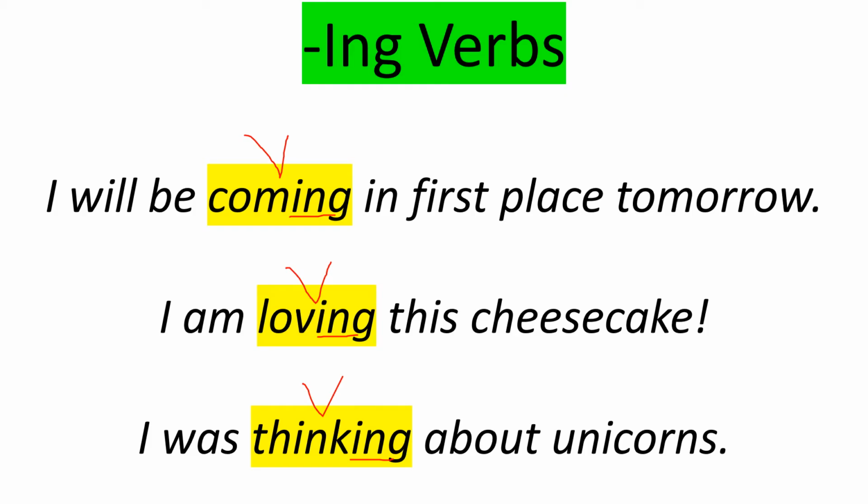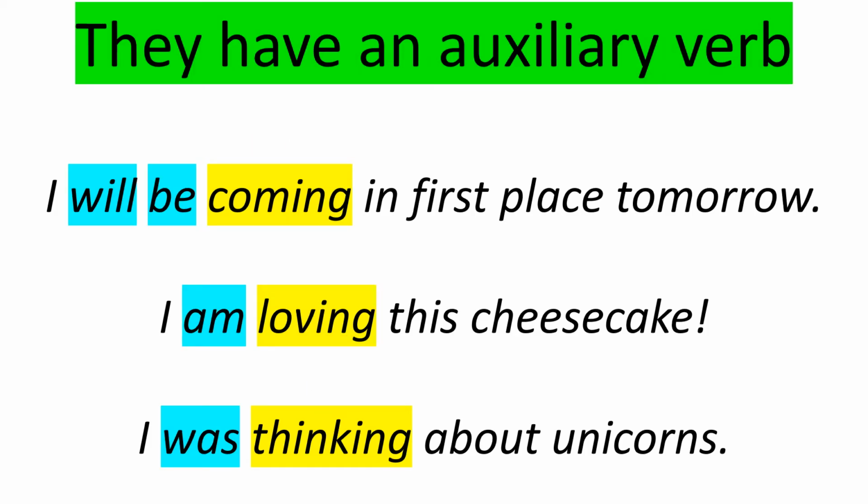And they work together with the auxiliary verb in front of them, sometimes two, like will be, am, was, the helping verb that helps them to become an action there.